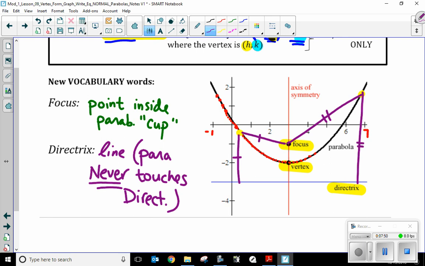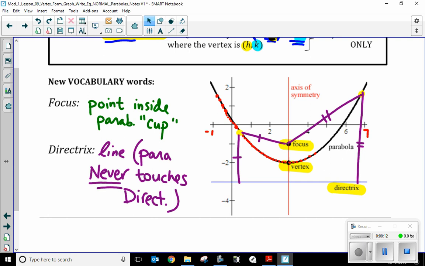Every single point is equidistant, meaning it has the same distance. Every point on that parabola is the same distance to the focus as it would be to the directrix.